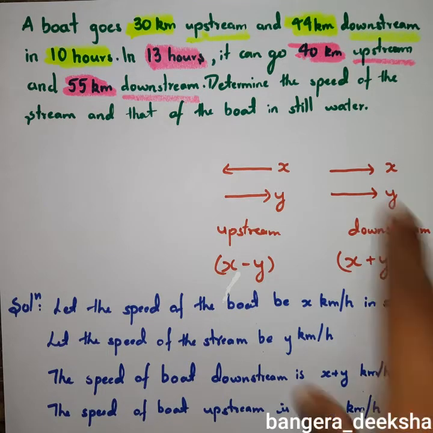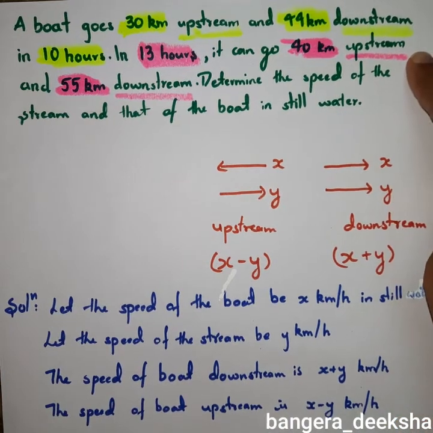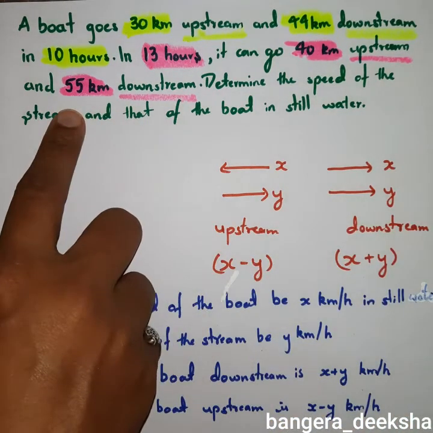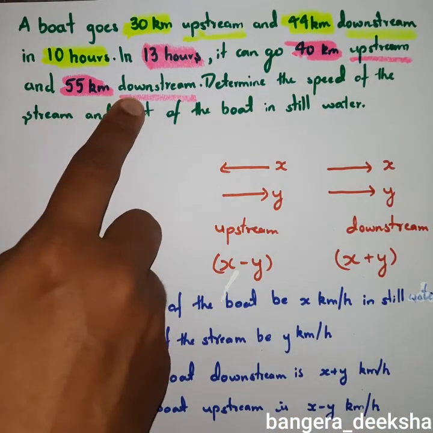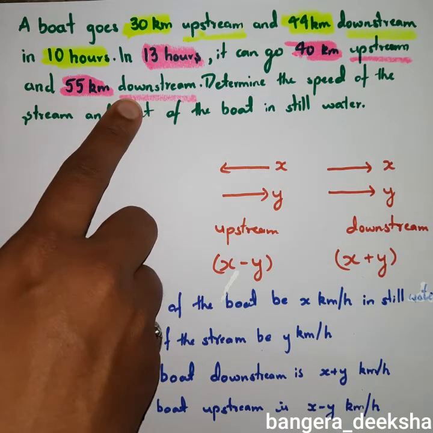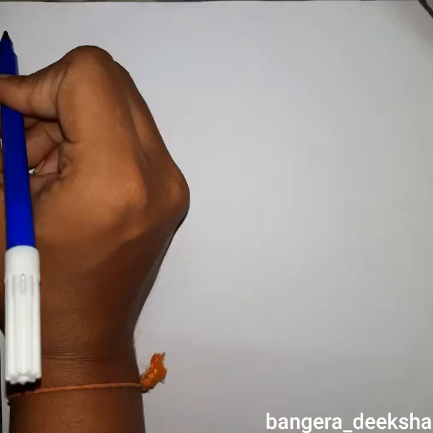Similarly for this we'll get 40 divided by upstream, which is x minus y, plus 55 divided by downstream, which is x plus y, is equal to 13. So we'll write this equation.